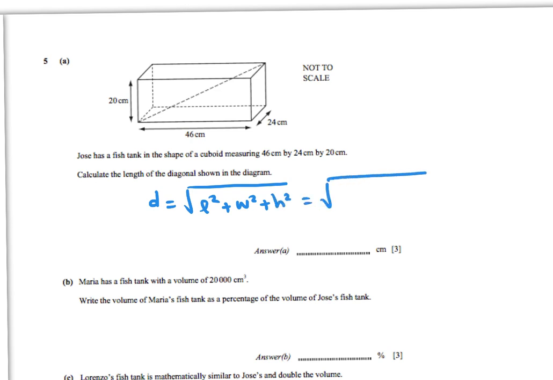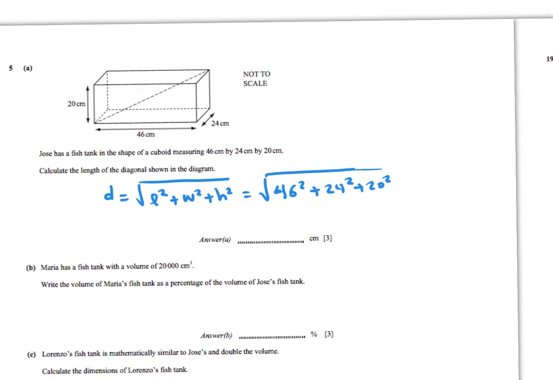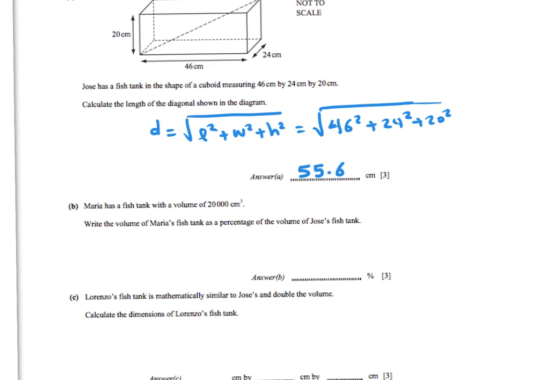So square root of 46 squared plus 24 squared plus 20 squared equals 55.6 to 3 significant figures. 55.6.